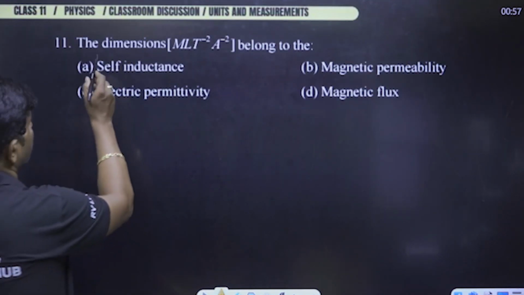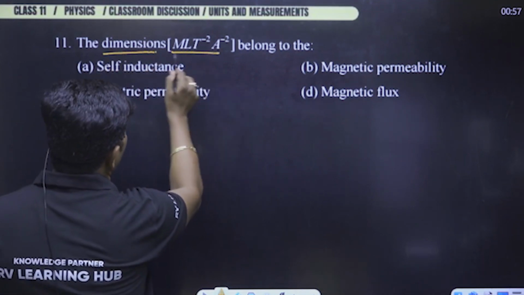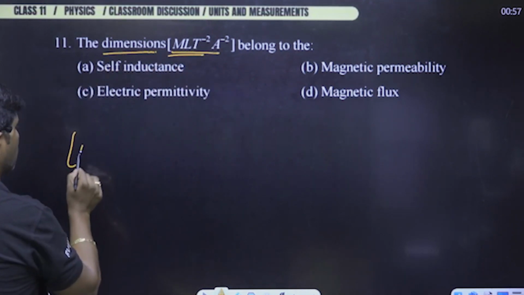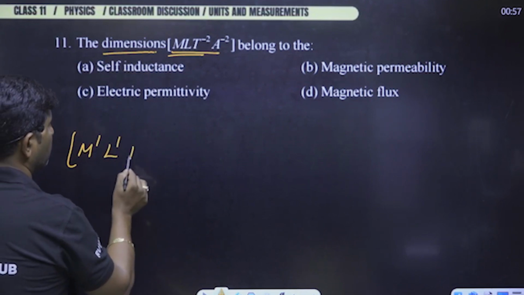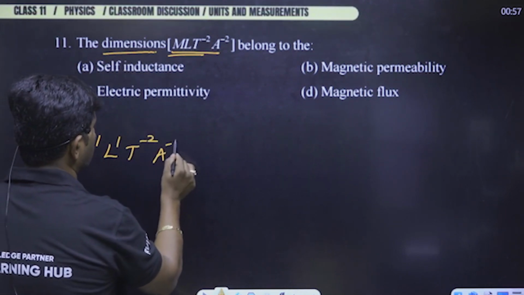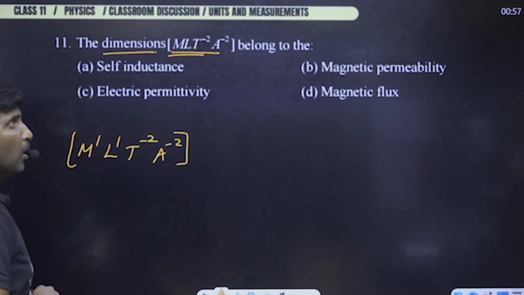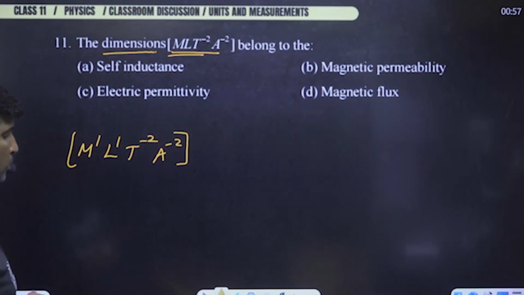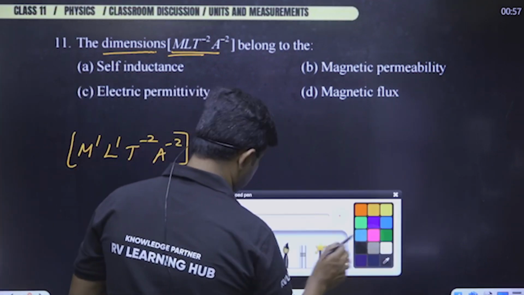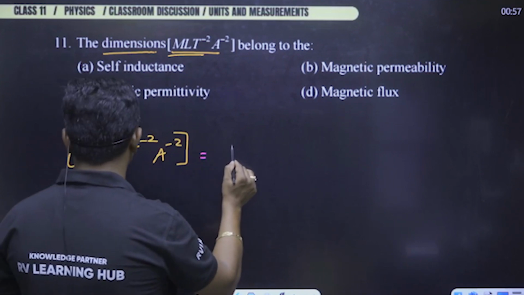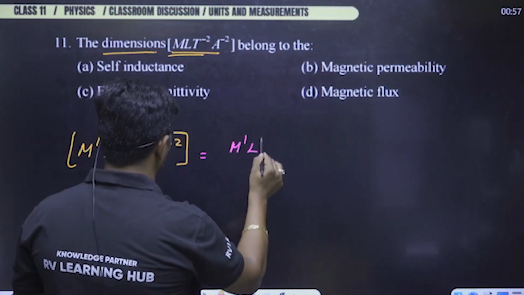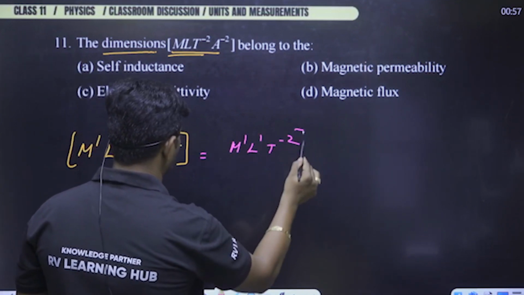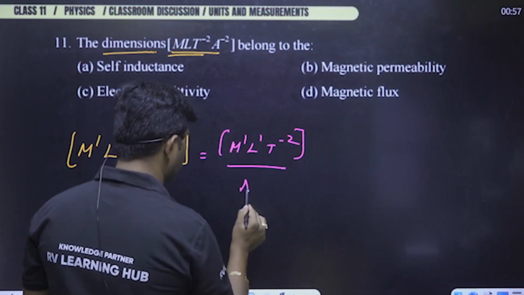What they are saying to us. See here, the dimensions M power 1, L power 1, T power minus 2, A power minus 2 belongs to which quantity? Please think about this. I can split this as M power 1, L power 1, T power minus 2 divided by A power 2.